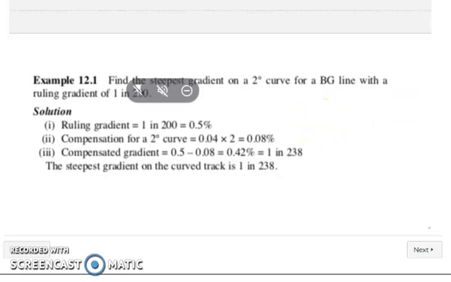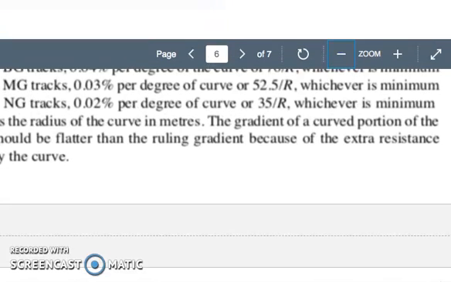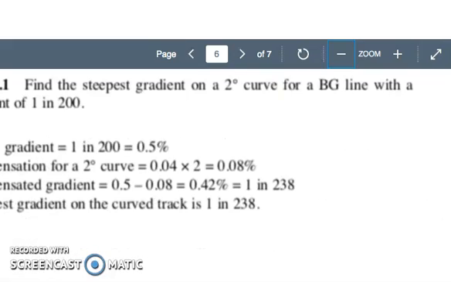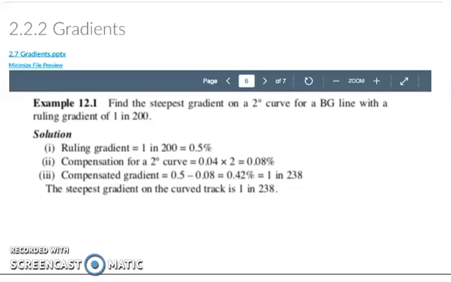This is a BG track, so the compensation is 0.04% per degree of the curve. So that will be 0.04 times 2 degrees, which gives us 0.08%. Therefore, the compensated gradient will be 0.5 minus 0.08, that is 0.42%, or 1 in 238. So the steepest gradient on the curved track is equivalent to 1 in 238.